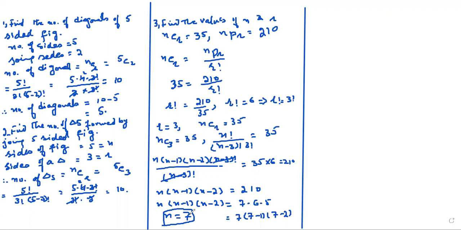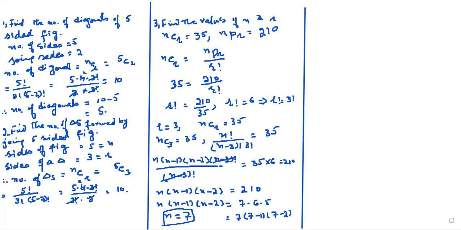Now we come to the next topic, which is probability. In probability, we use sample space. So the sample space is the set which contains all the elements.